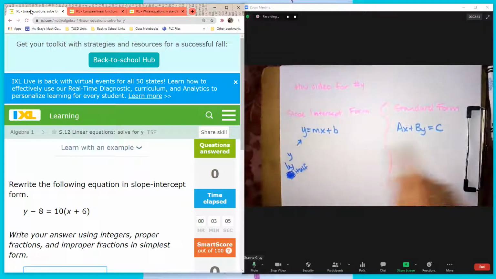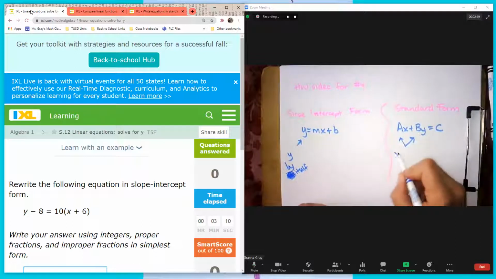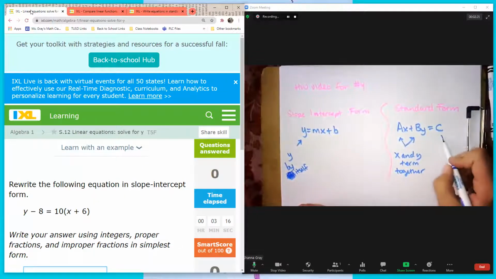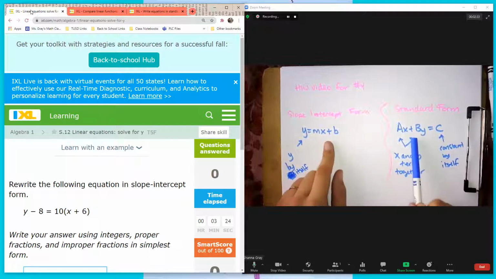Whereas if you look at this one, this has the x and y term together. And then this number over here is a constant. It's just a number by itself. But it really is just rearranging the same equations.